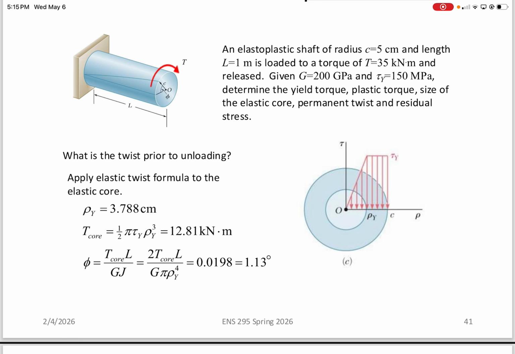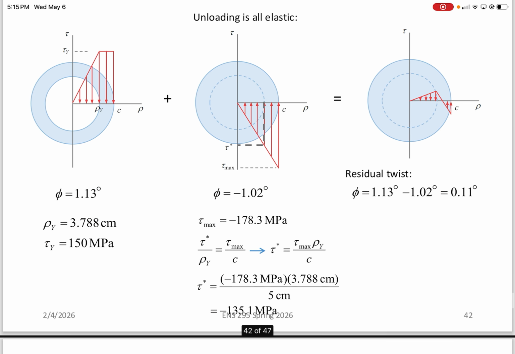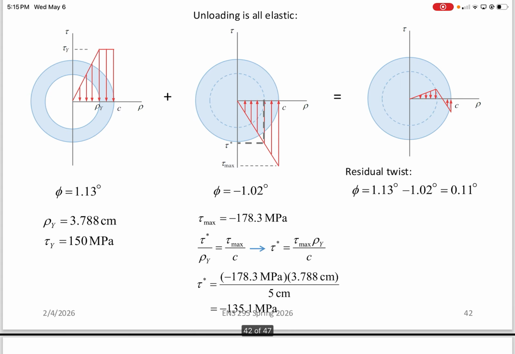From there, we have to account for the angle of twist occurring due to the presence of the maximum shear stress. We calculate that the angle of twist will be around negative 1.02 degrees, because we need to apply superposition for the angle of twist that would cause that same rotation.